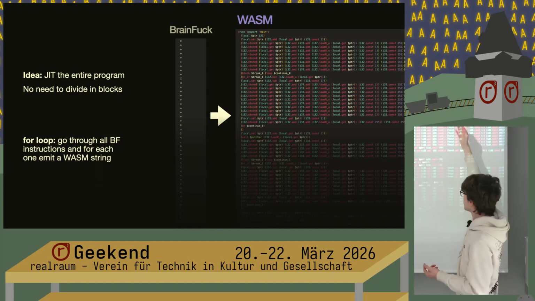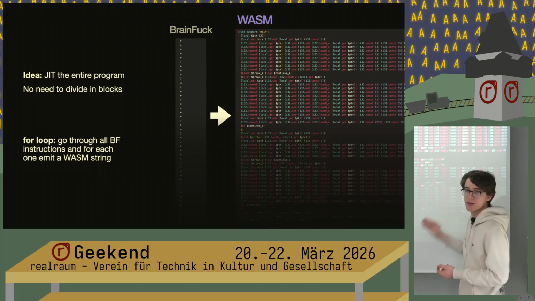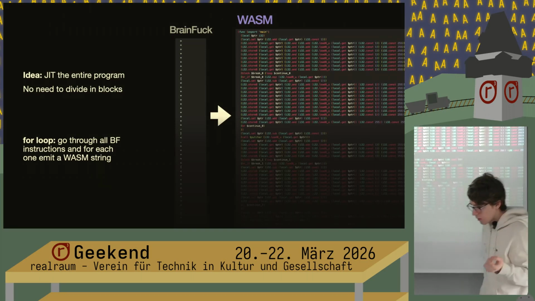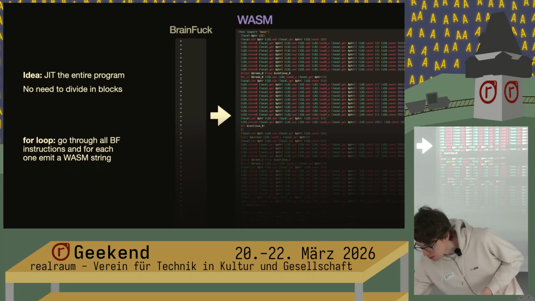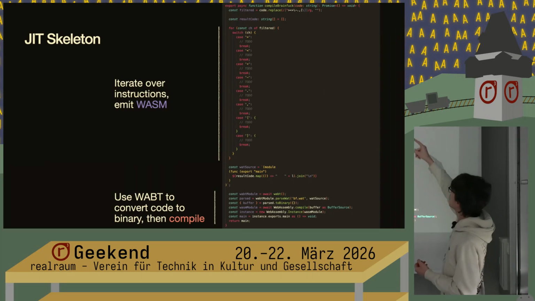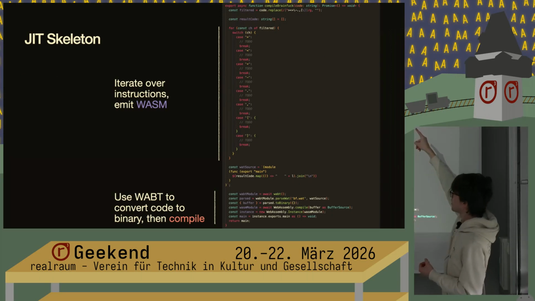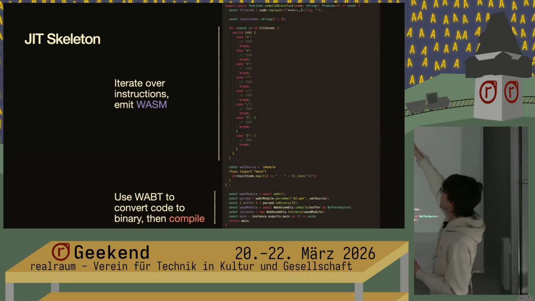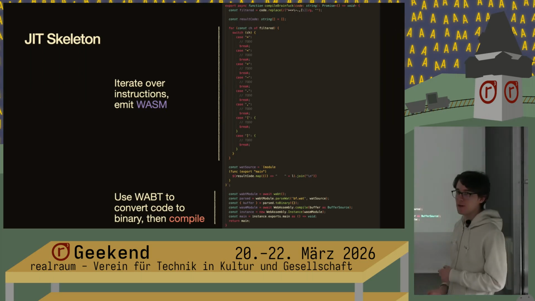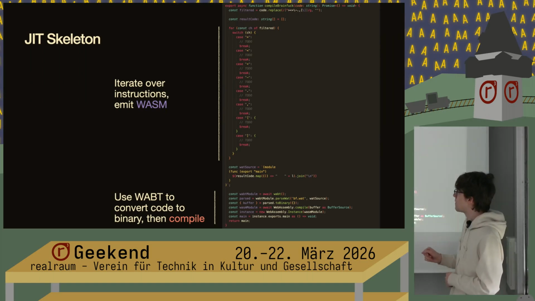And then we want to emit WebAssembly for each one of those things. Of course, this basically means that we go through each one of the Brainfuck characters, and then for each one of them we concatenate everything into a big program string, and then we should be able to just run it.